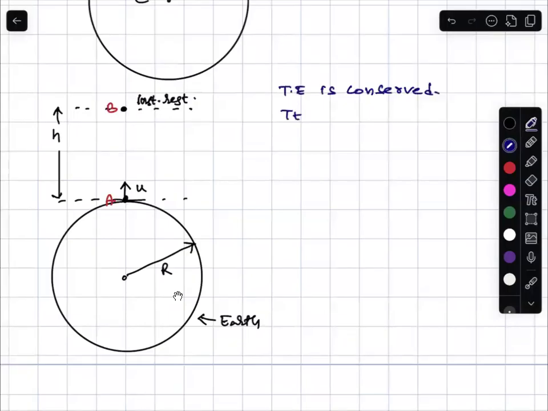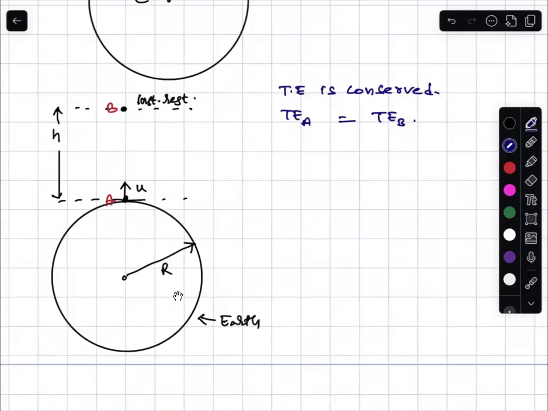So total energy at A must be the same as the total energy at B. My point is very clear: I am focusing purely on non-dissipating forces. There is no air. Air does not offer any viscous drag. All the forces are conservative, only one force, gravitation.